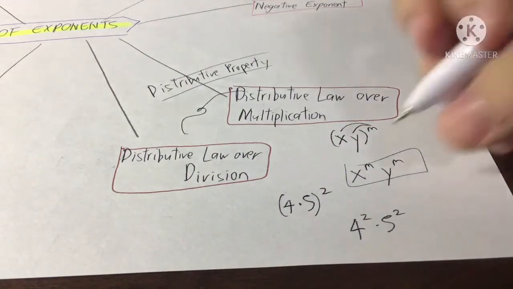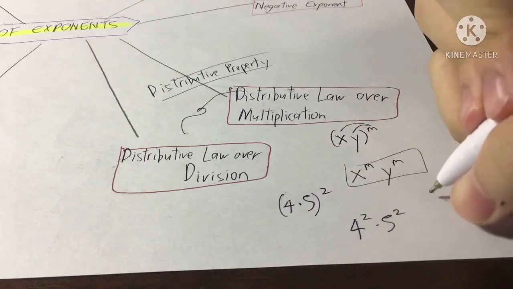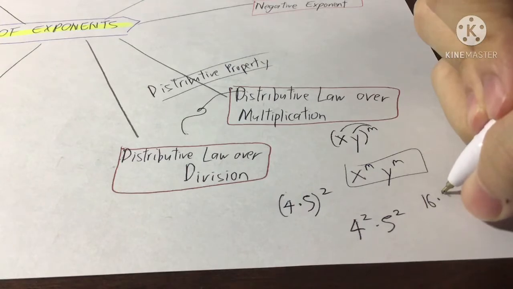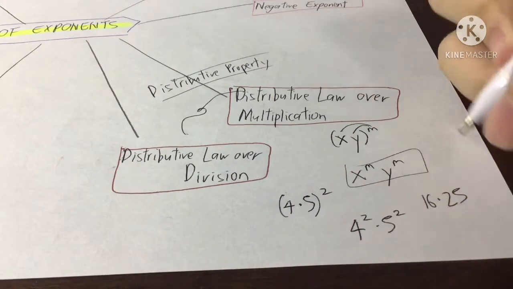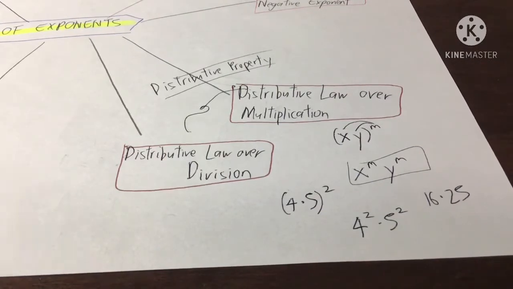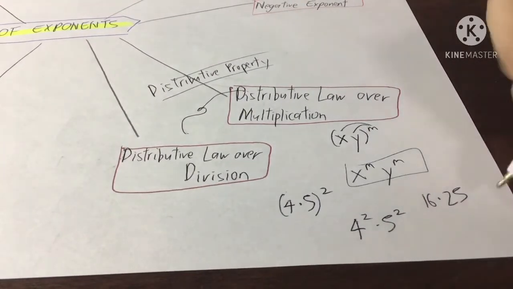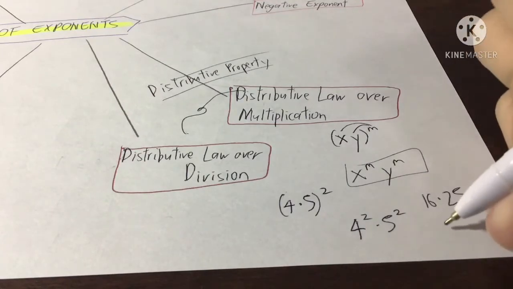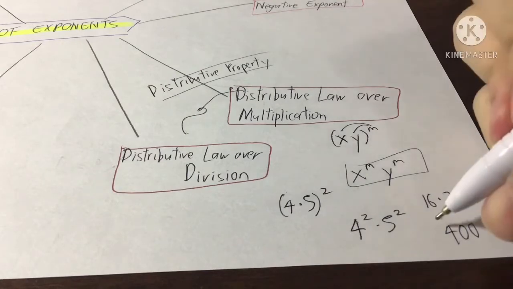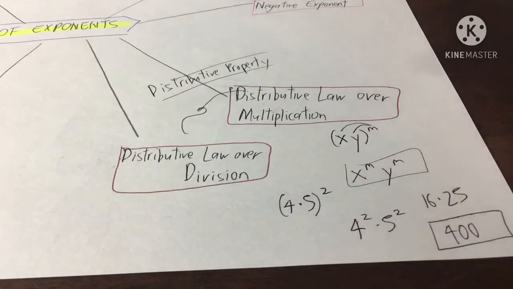And with this, we'll just have to simplify. 4 times 4 is equal to 16. 5 times 5 is equal to 25. If we multiply 16 and 25, the number is quite big, so we'll be using a calculator. But it still depends on the school that you are at, if your teacher allows you to use a calculator in solving such large problems. So our answer would be 400.